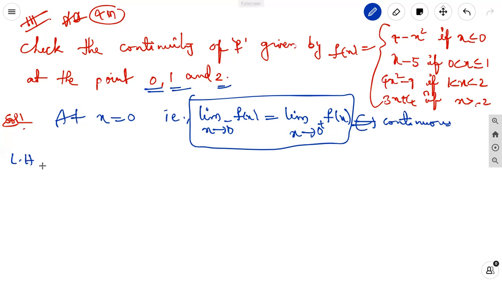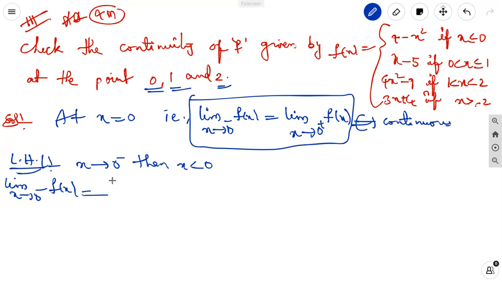We take the left hand limit. X tends to 0 minus means we take x less than 0. Limit x tends to 0 minus f of x is equal to limit x tends to 0 minus, x less than 0 means we take the function 4 minus x square. Now we substitute x equal to 0, it is 4.